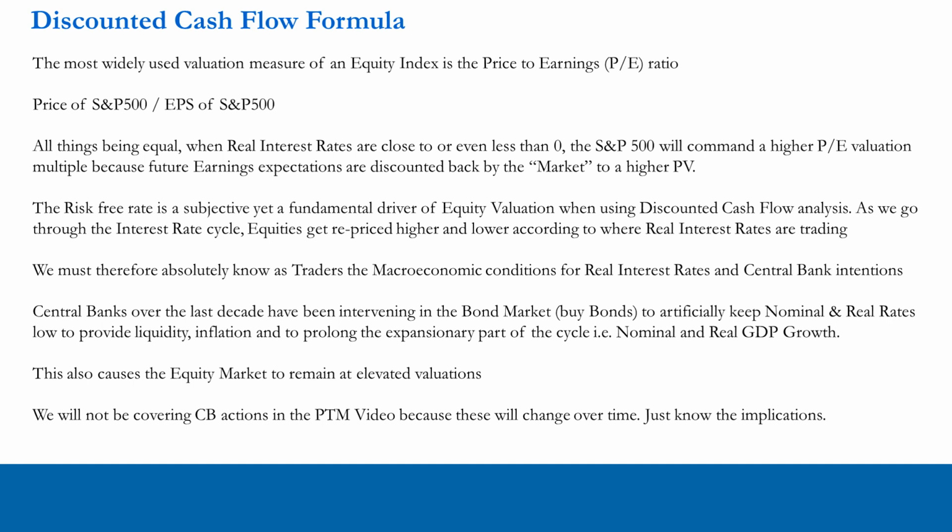So we're looking at the level of the S&P 500 and dividing it by the earnings per share of the S&P 500. All things being equal, when real interest rates are close to or even less than zero, the S&P 500 commands a higher PE valuation multiple because future earnings expectations are discounted back by the market to a higher present value.